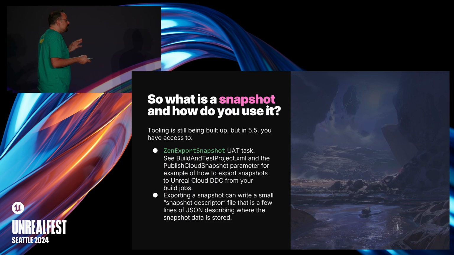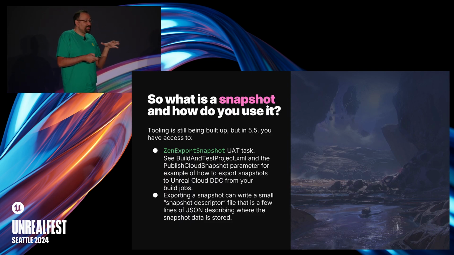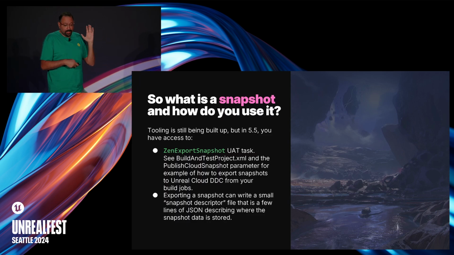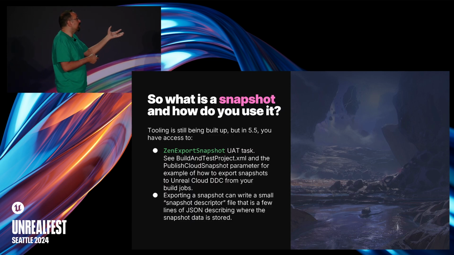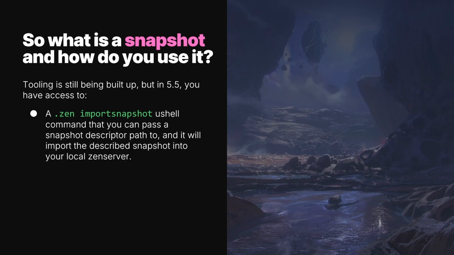One thing to be aware of, exporting a snapshot writes a small snapshot descriptor file, and that file is just a few lines of JSON that describe where the snapshot data is stored. And this becomes important when you're now trying to import a snapshot. As before, we're still building up this tooling, but in 5.5, we provided access to a ushell command, .zen import snapshot.